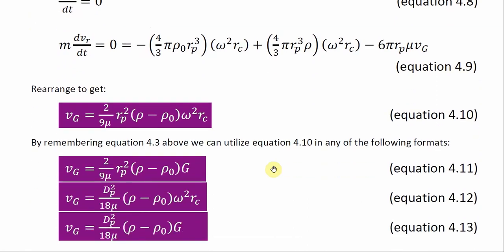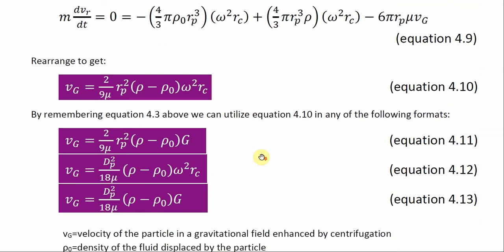If we rearrange that, we can get a velocity under centrifugal acceleration equals 2 divided by 9 times the viscosity, the radius of the particle squared, times the density of the particle minus the density of the fluid the particle is displacing, times the angular velocity squared times the radius of the centrifuge.